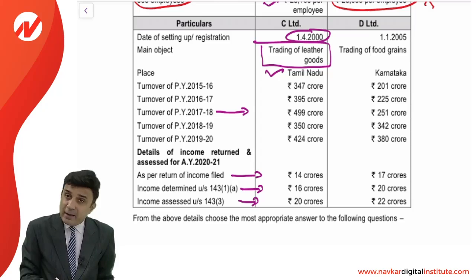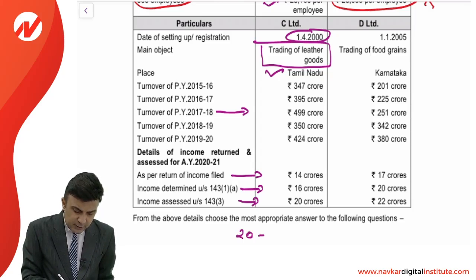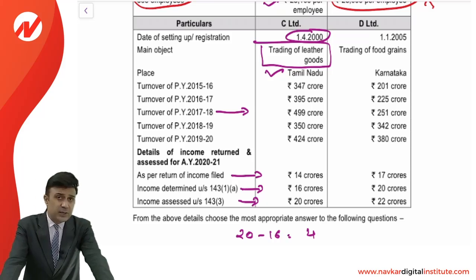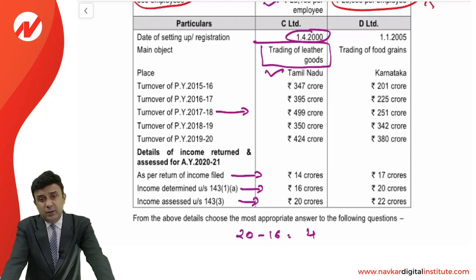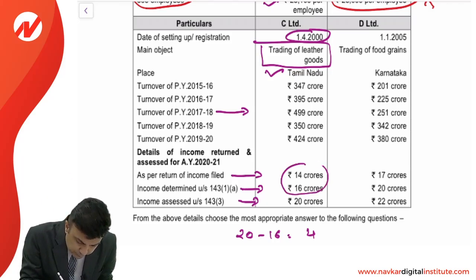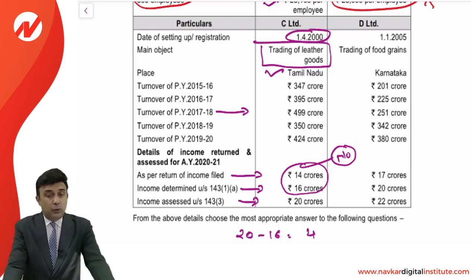Friends, your penalty would be on the difference between assessed income and intimation under section 143(1), whether with adjustment or without adjustment. Remember, the difference between returned income and intimation won't be subjected to any penalty. So penalty would be only on 4 crore.